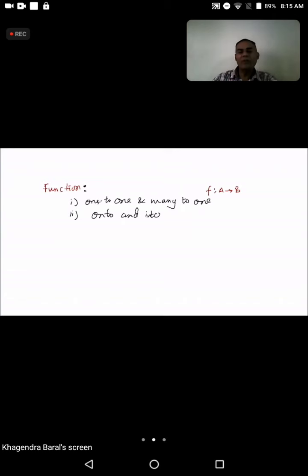If the function is one to one, then that cannot be many to one. If the function is many to one, that cannot be one to one. Similarly, if a function is onto, that cannot be into. If the function is into, then that cannot be onto, and so on.